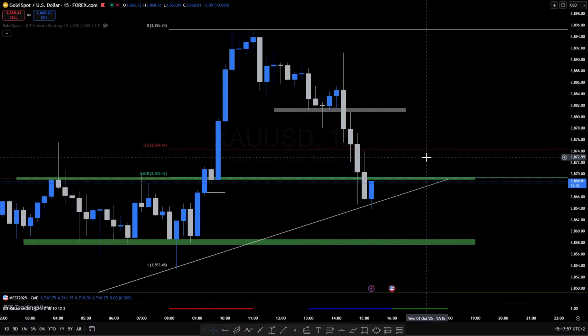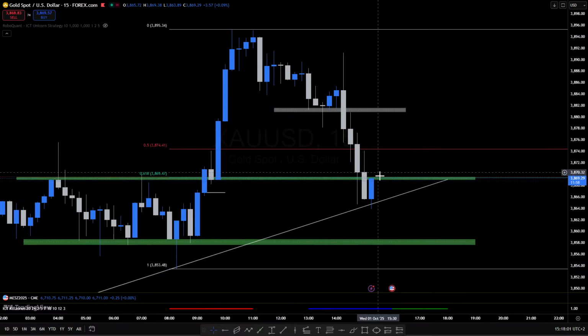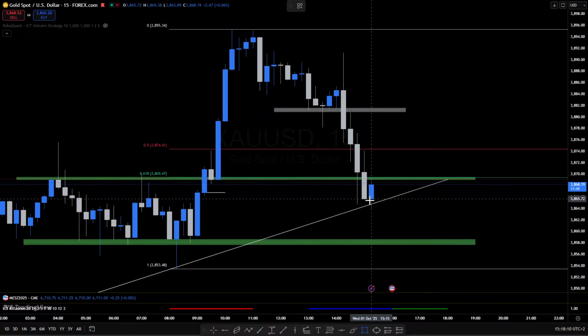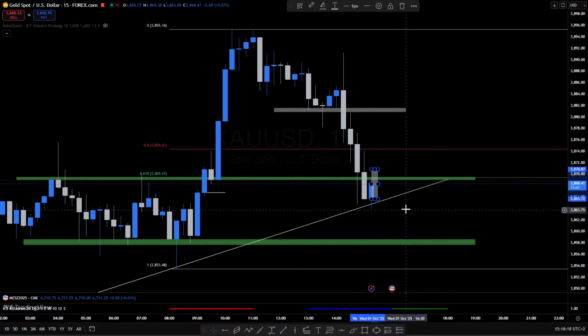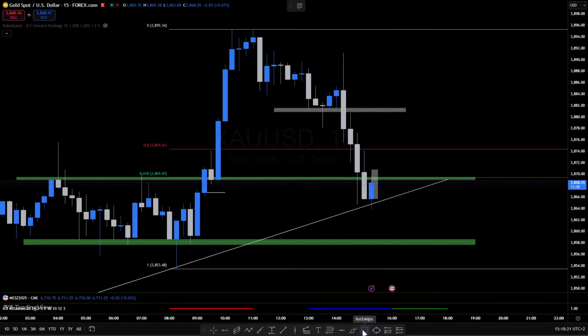If this candle could cross out of this range and cross around right here, and you get another one like this candle, if this candle could come up and cross around here, and then we get another candle that comes from here, even if it just wicks to here and then breaks its own high, that would be a confirmation.